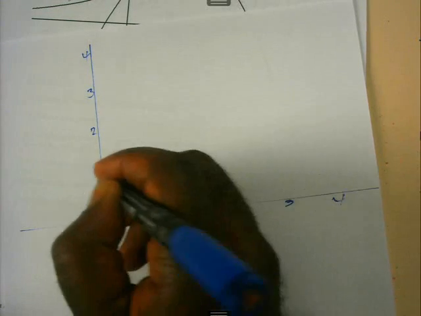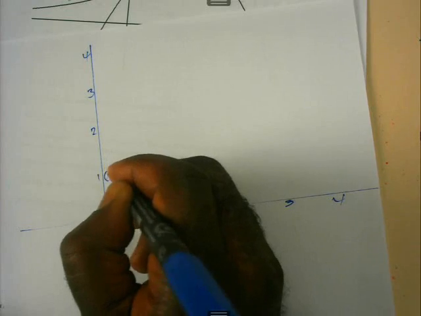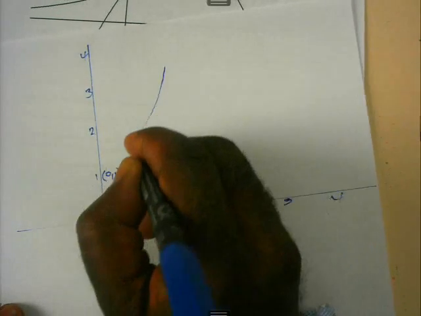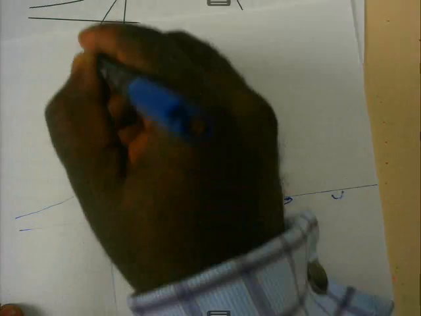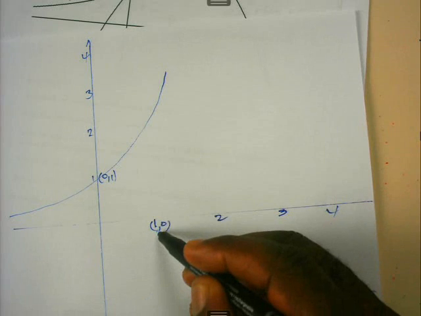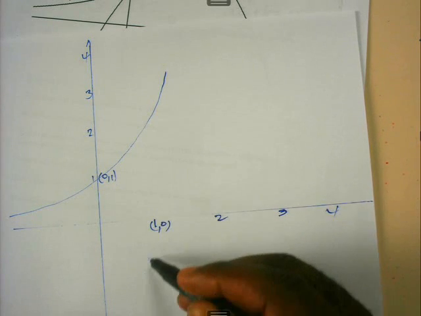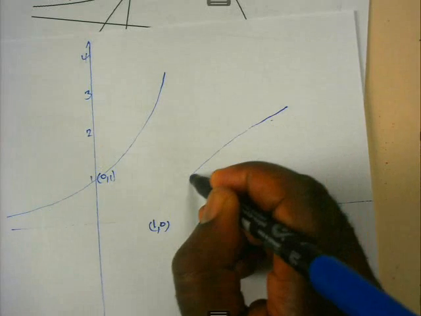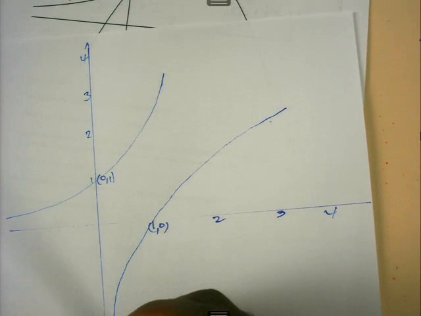Remember that point consisted of 0 and 1, at which the function has intercepted the y-axis. Now this one must intersect the x-axis at this point, and this is the shape that it has to take.